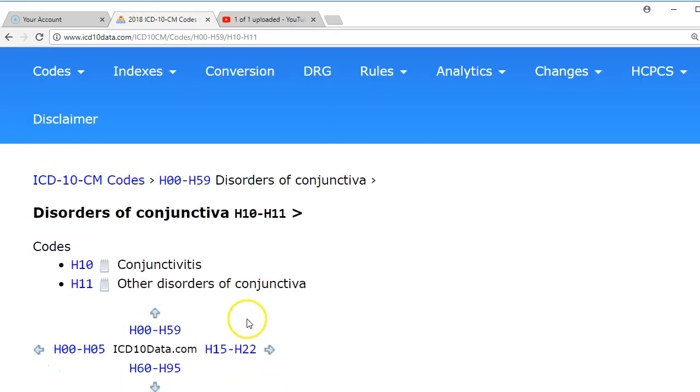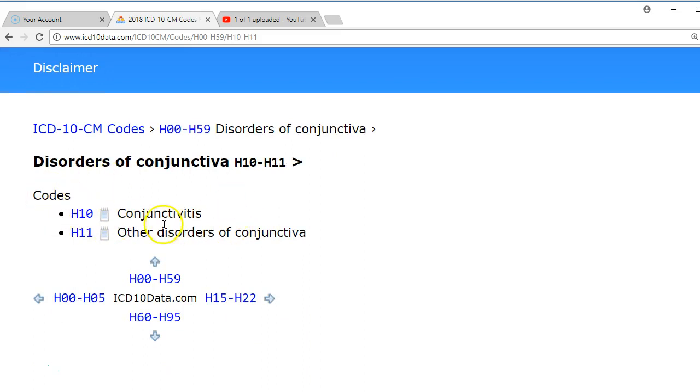As we continue to go on, we have an entire area of conjunctivitis. Again, conjunctivitis, inflammation of the conjunctiva. Most commonly, the way that people get conjunctivitis is not washing their hands after they use the bathroom or touch something dirty and then rub their eye. And that bacteria then will lead to an inflammation of the conjunctiva.